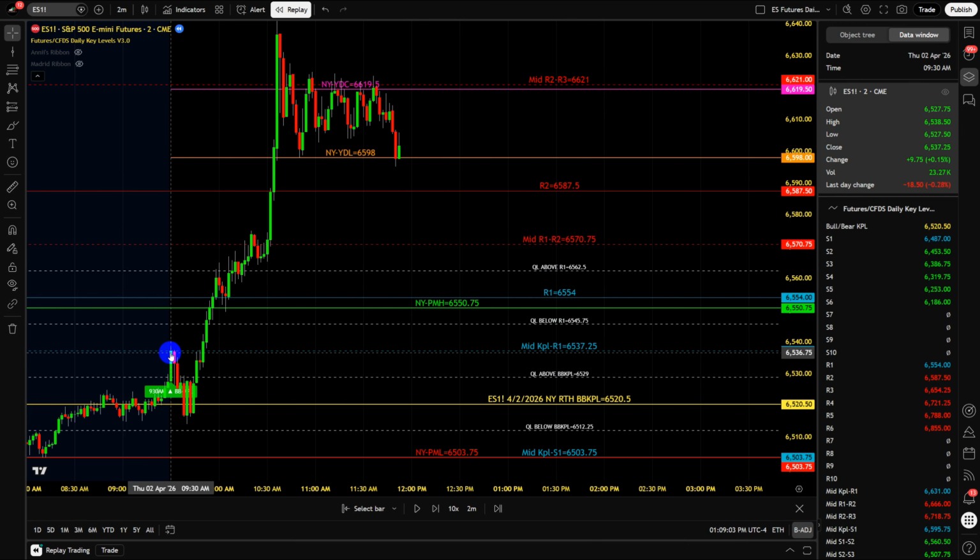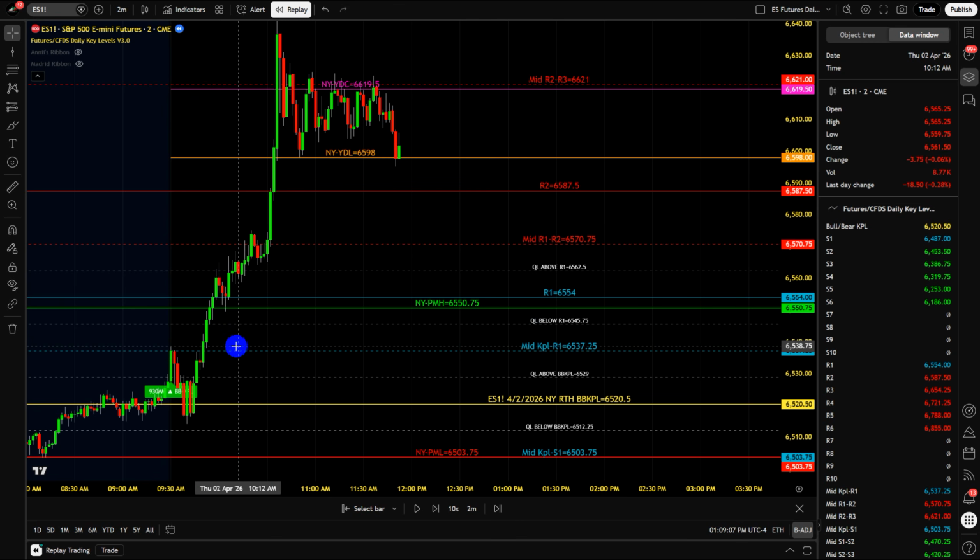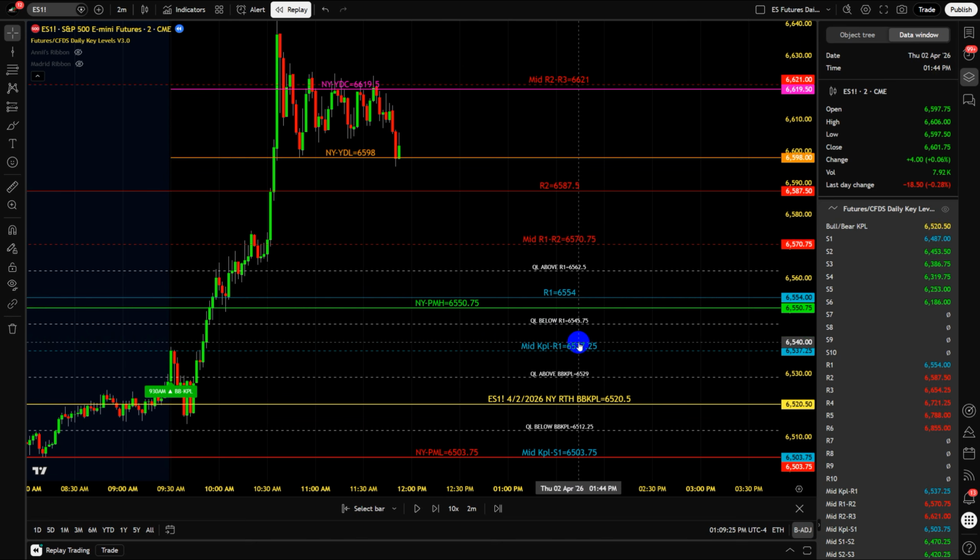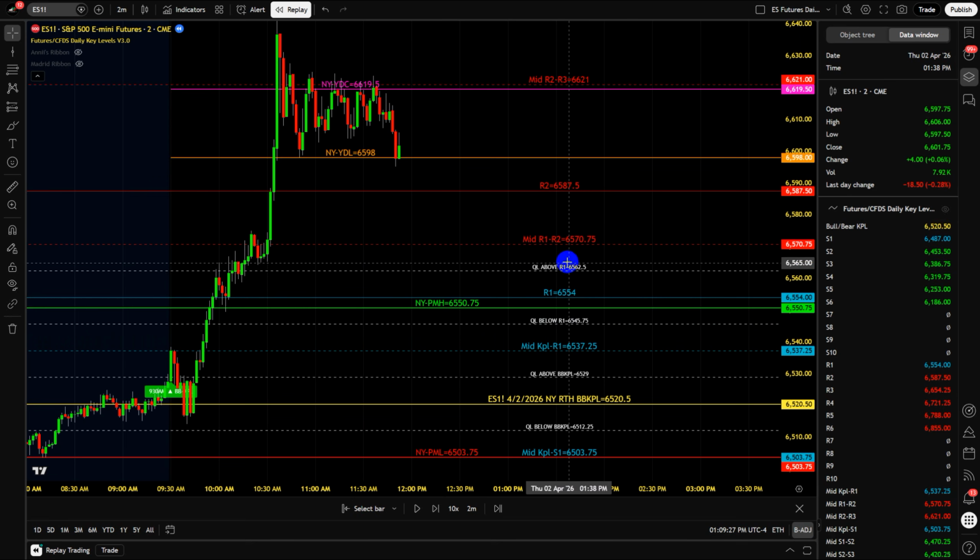That would give you roughly 8 points. You could just add, you know, 4 ticks. That would be 1 point. 8 ticks, 2 points. 12 ticks would be 3 points. It really just depends on whether you want to use the levels as your guide, notching it up, or if you just want to go with a certain amount of ticks that you feel comfortable with as far as doing that.